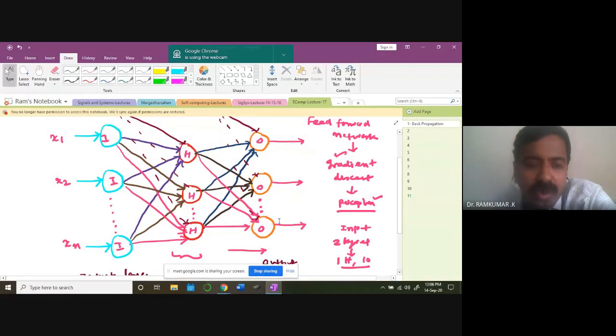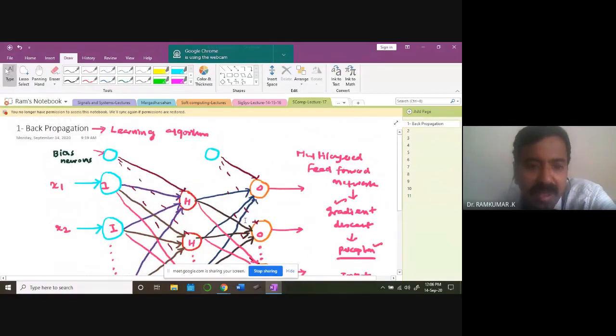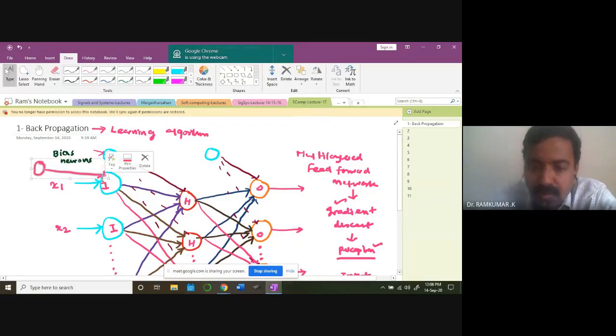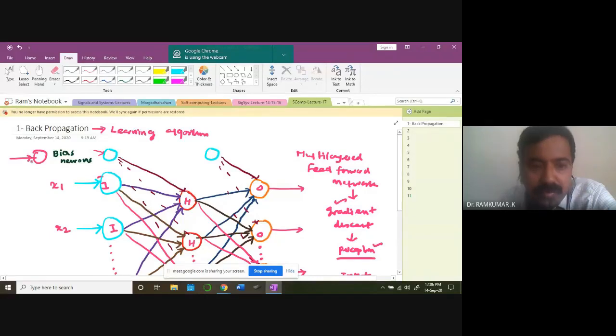And for the first input layer, we have bias neurons also. The bias neuron is connected to this as well. Not only to the hidden layer, there is also a bias neuron for the first layer.